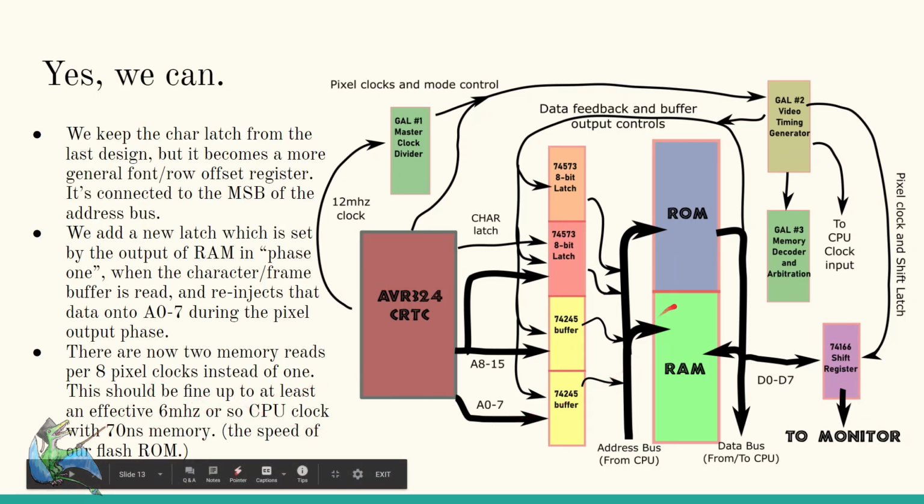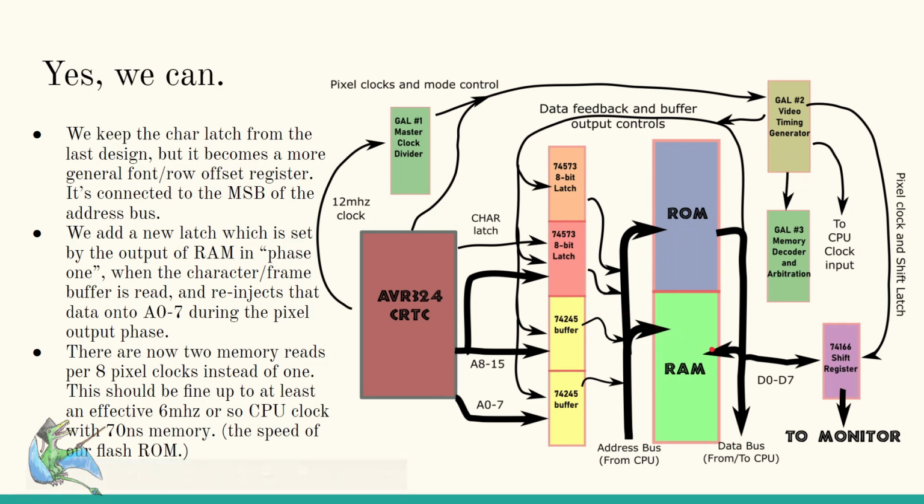So effectively, for every byte that gets thrown out to the monitor, there are 2 reads of memory instead of 1. Before, you had 1 read of memory and then it was filtered through the ROM.